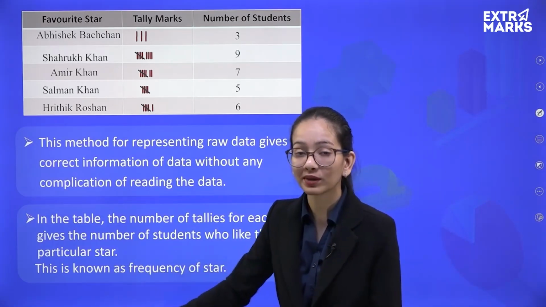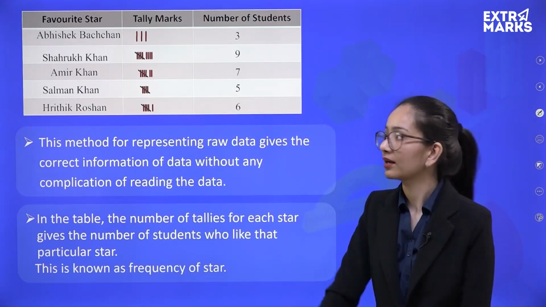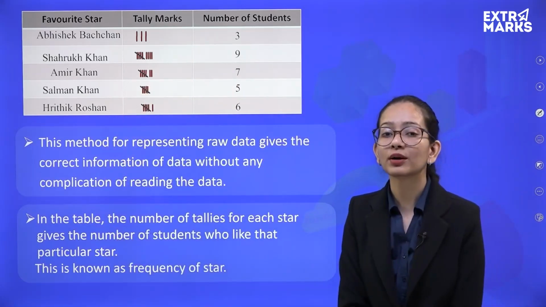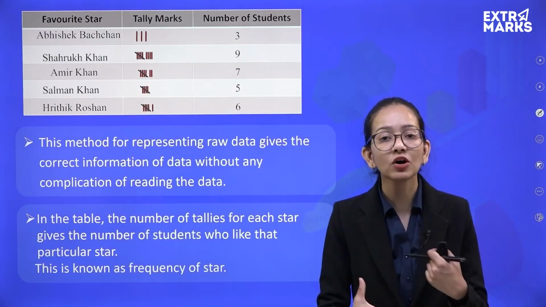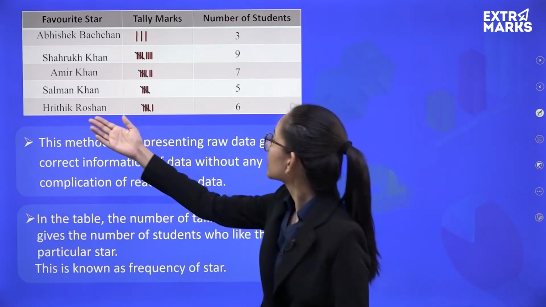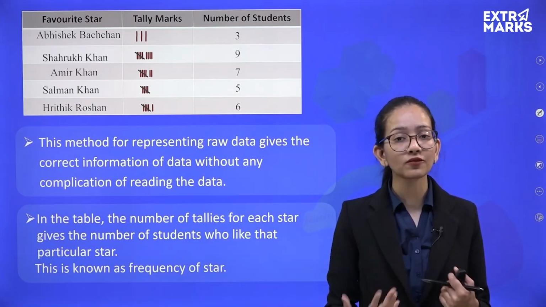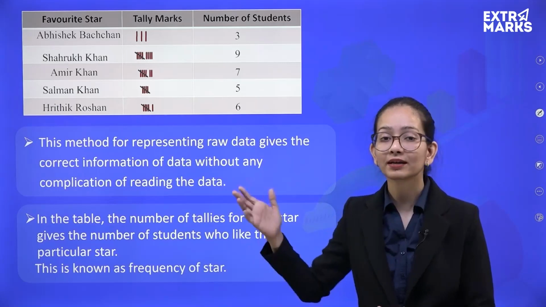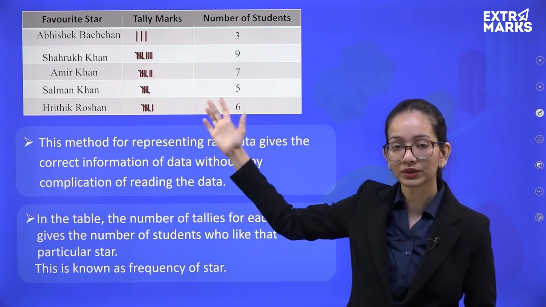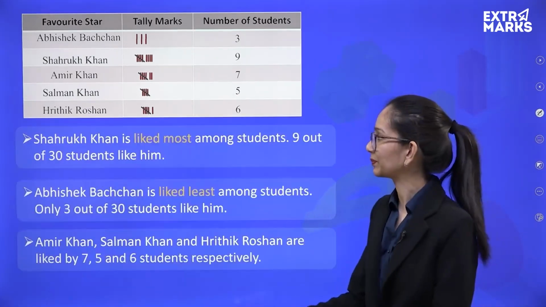So basically it is the frequency of the star. Like 9 students like Shah Rukh Khan. So what is the frequency of Shah Rukh Khan among 30 students? It is 9. Similarly, 6 students like Hrithik Roshan. So what is the frequency of Hrithik Roshan among 30 students? It is 6, right? So the number of tally marks here represents the frequency of the star.